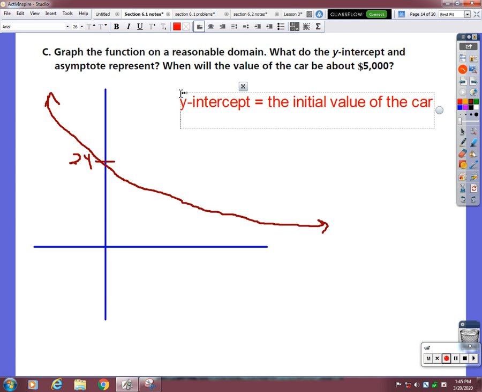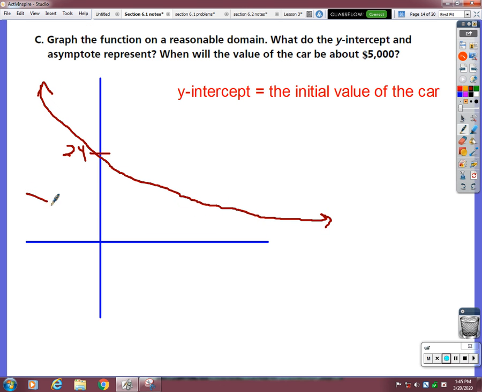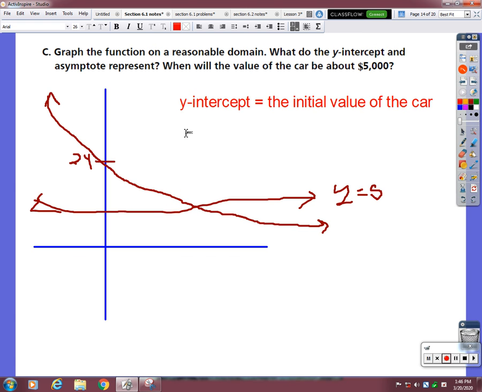On my little calculator over here off to the side, when I graphed the two things, so I have the graph of this function, and then I have a graph of a perfectly drawn horizontal line at y equals 5, then I can click on the intersection point on Desmos and see that that'll happen after about 7.03 years.